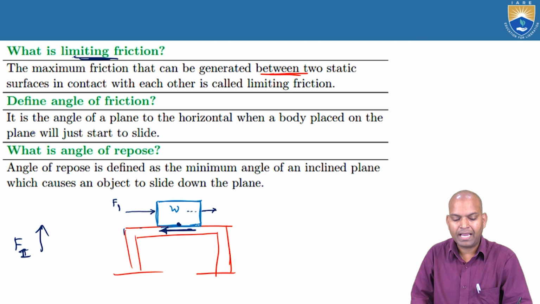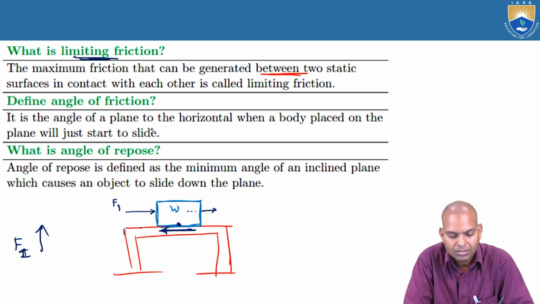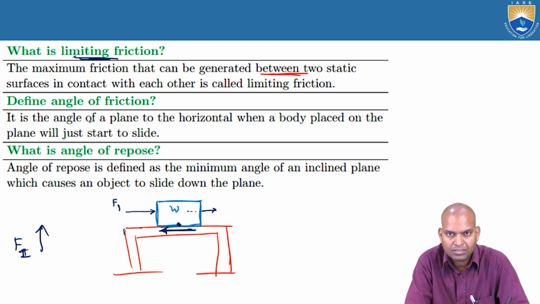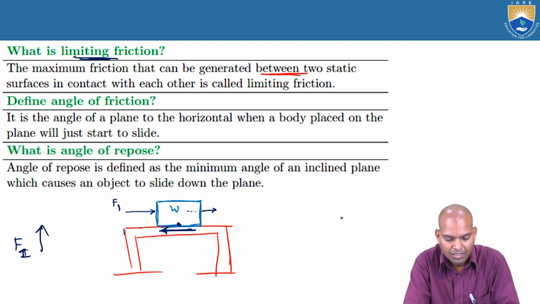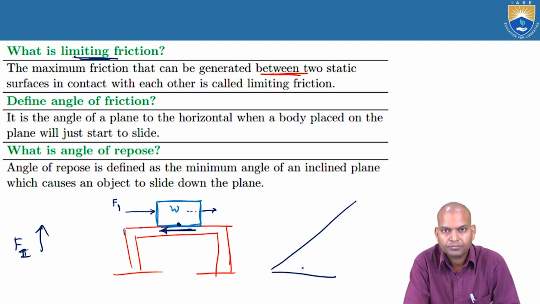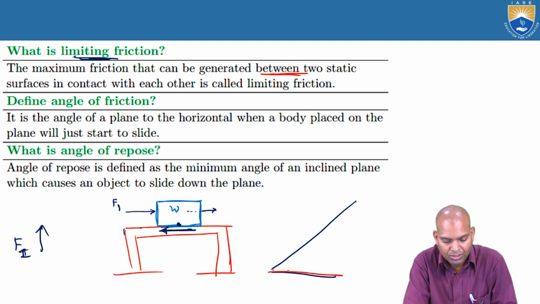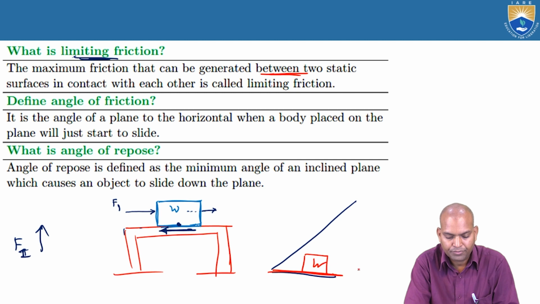This angle is the angle of the plane to the horizontal at which a body placed on the plane will just start to slide. This angle of friction is related to the inclined plane. Suppose there is a plane; the initial position of this plane is horizontal, and you keep the body W on it.